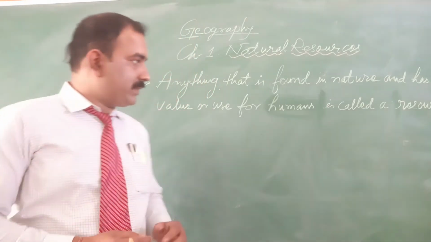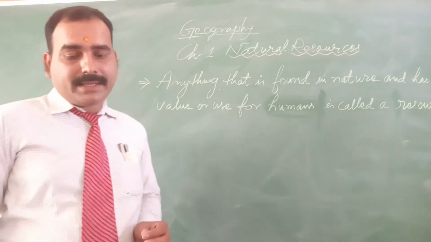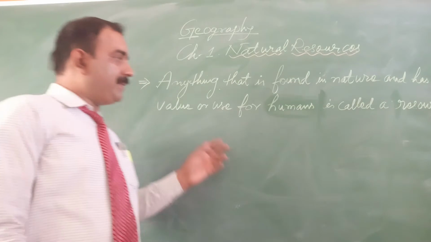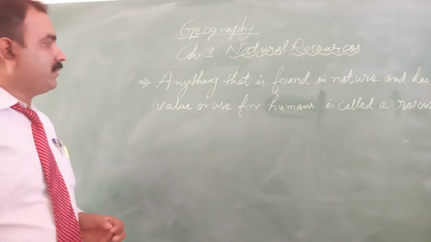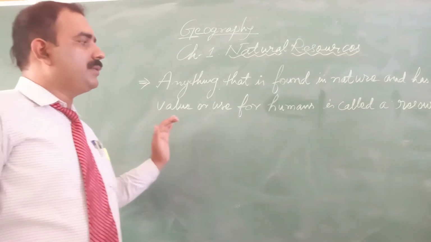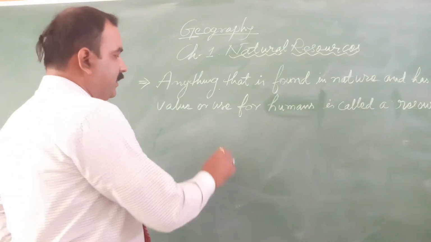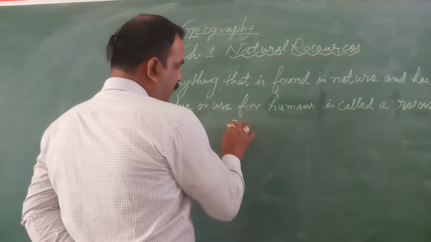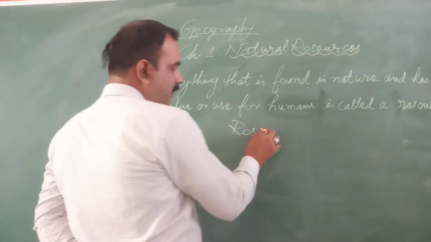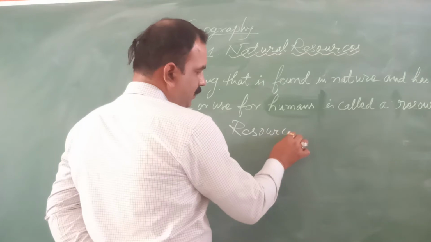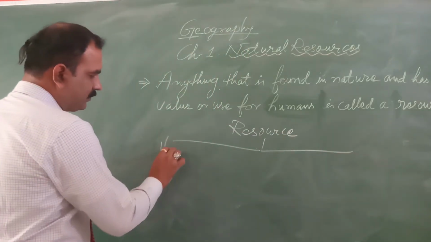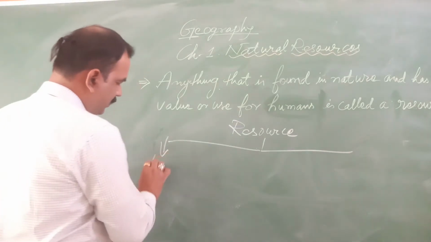Types of resources. Resources can be of three broad types, as I have explained: natural resources, human resources and human made resources. You can understand this through this flow chart.